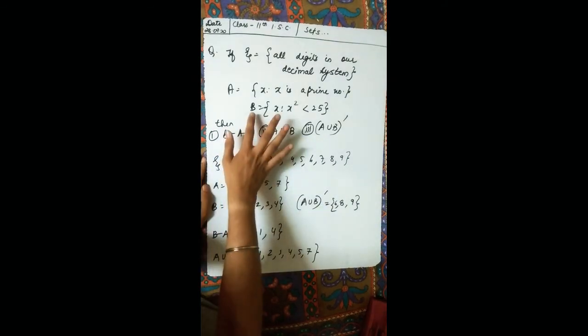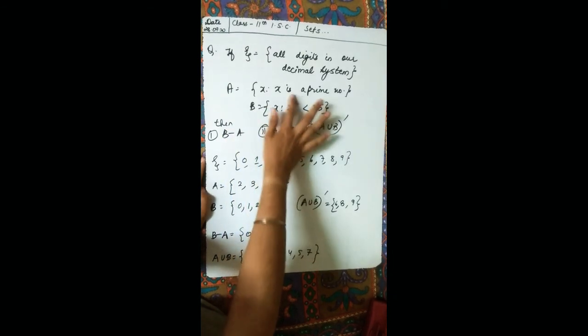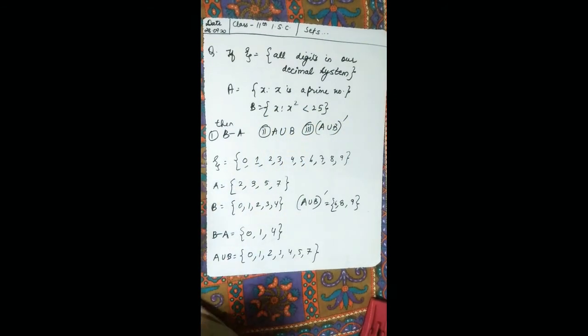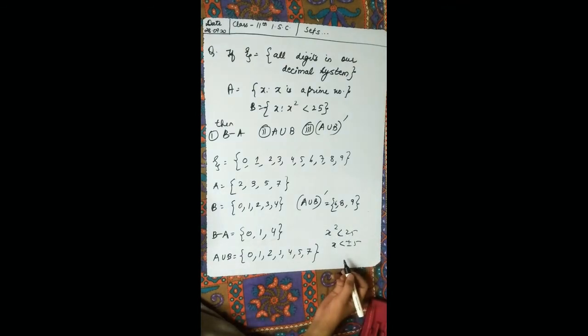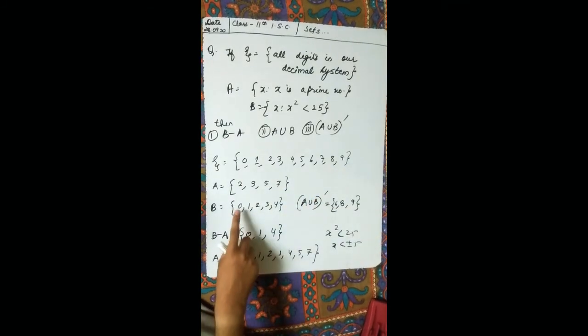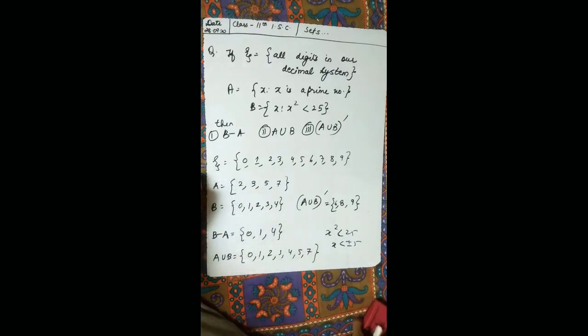Okay. And also the question is B, x such that x square less than 25. So on solving x square less than 25, we'll get x less than plus minus 5. But our universal set accepts only 0 to 9. So that is why 0, 1, 2, 3, 4. Only up to 4. Okay.